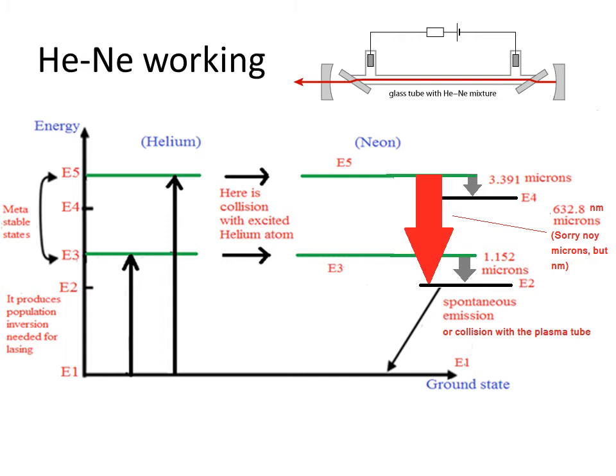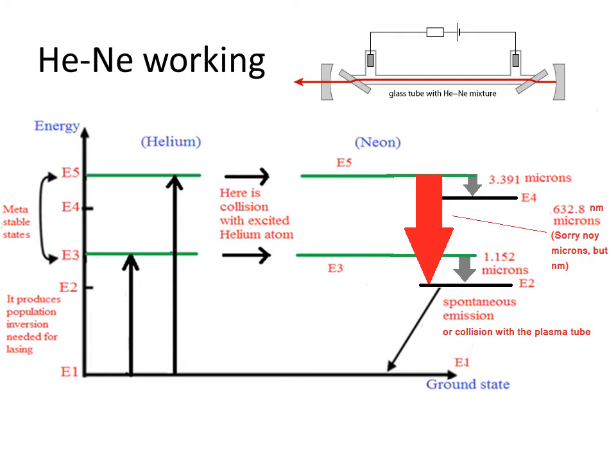You can see that in between the helium and neon energy levels, two black horizontal arrows are shown. Those arrows indicate the transfer of energy from the excited states of helium to the ground state of neon. So that is through collision.